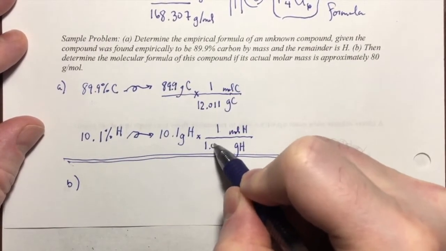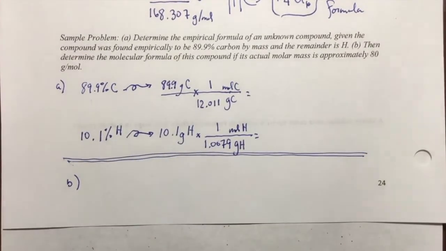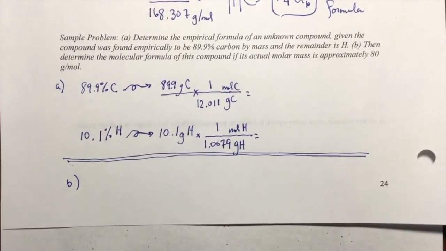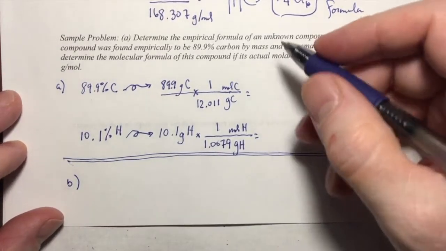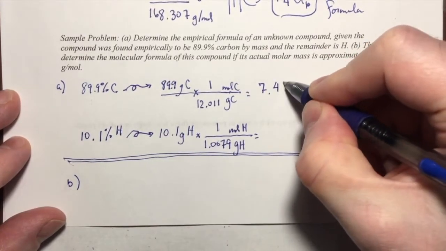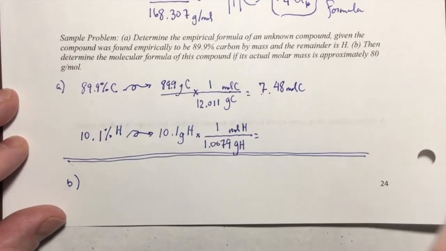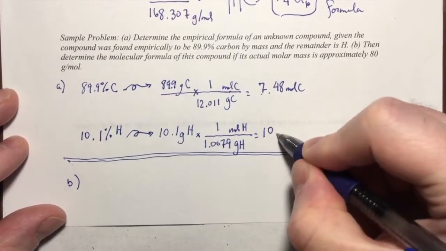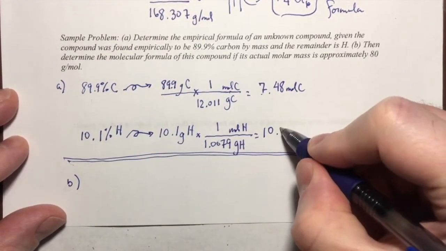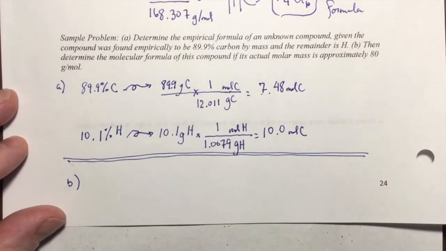Hydrogen is 1.0079. I convert these gram values to molar values. My answer for the carbon is 7.48 moles of carbon, to 3 sig figs. The number of moles of hydrogen is 10.0 moles, also 3 sig figs.